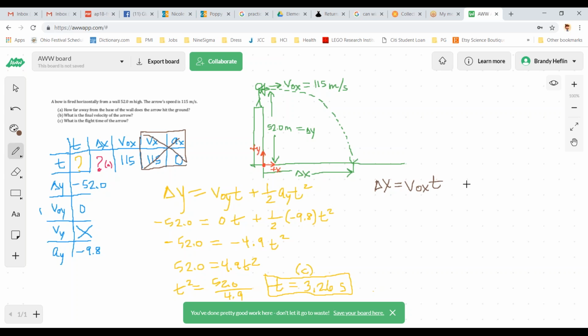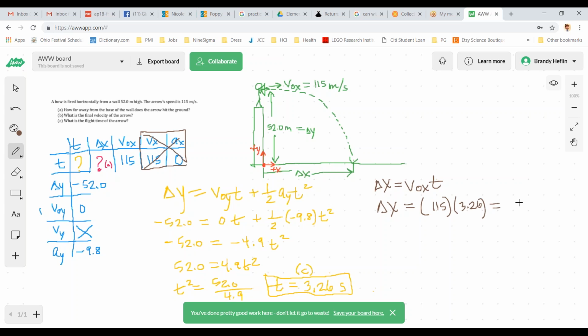And again, if you want to be precise, you could go ahead and put in the plus 1/2 a_x t squared, and then we'll just substitute 0 for the horizontal acceleration, and it reduces to this equation anyway. I like to be efficient with my writing, so I'm not going to write all that extra stuff. So delta x equals 115, the horizontal initial velocity, multiplied by this time that we just found.